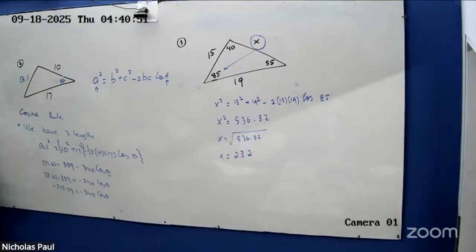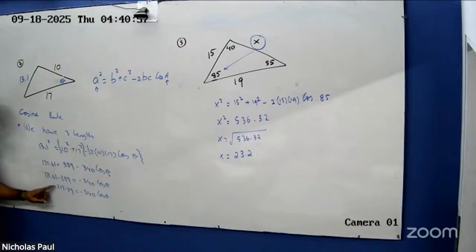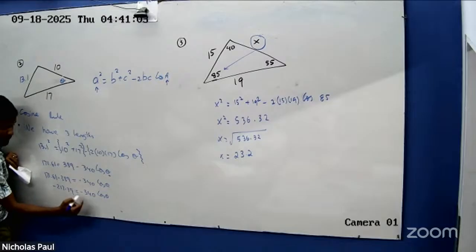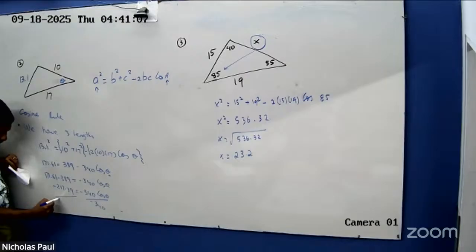Follow with me, I'm just doing all these steps. I work out this and this, I move across 389 and minus it, and I got this. The next step: this is multiplied, so I'm going to divide by minus 340 and do the same thing here. This will cancel.